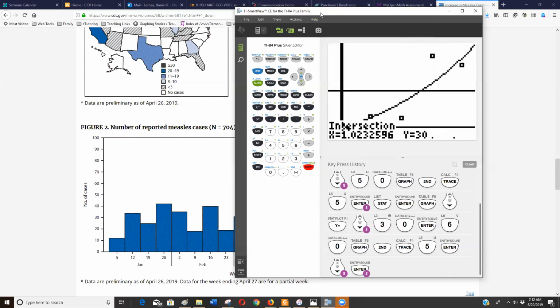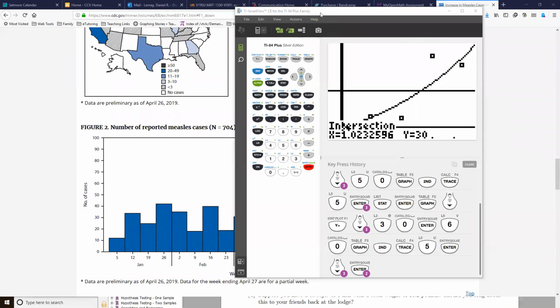Just a minute here. Annotate. Let's see. Board's not on. Give me a second. Technological issues.